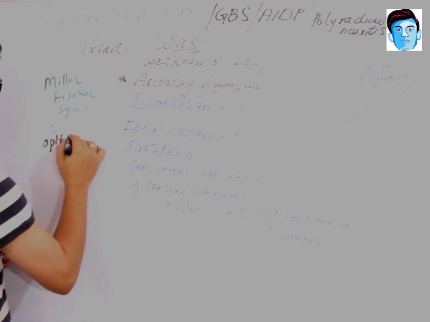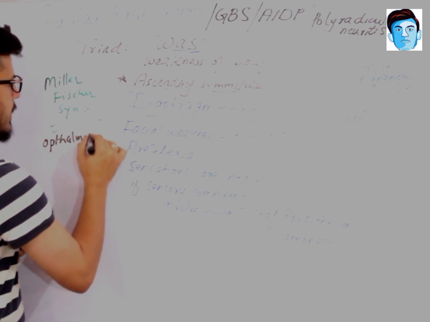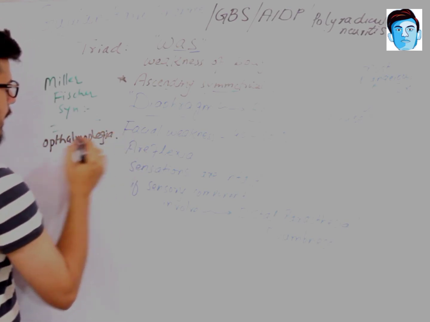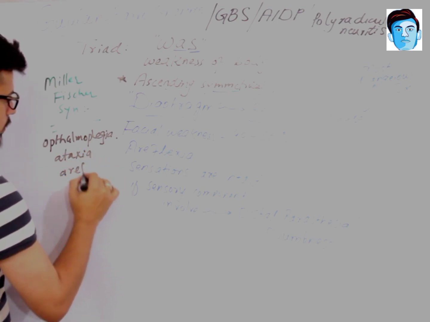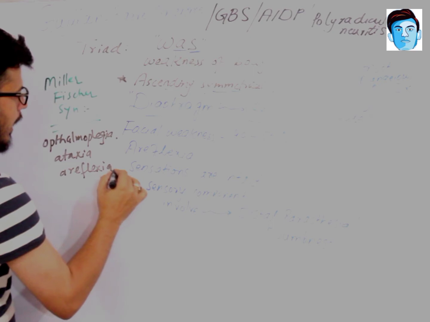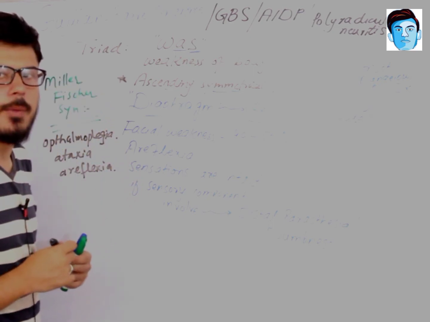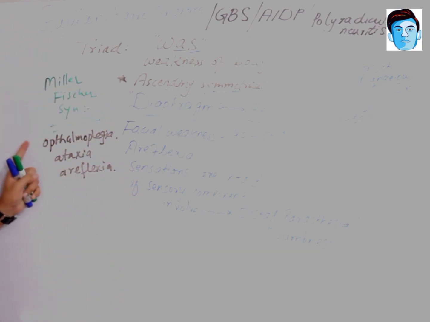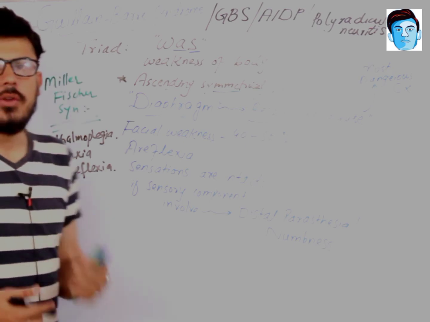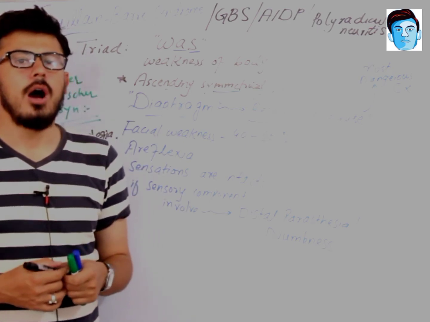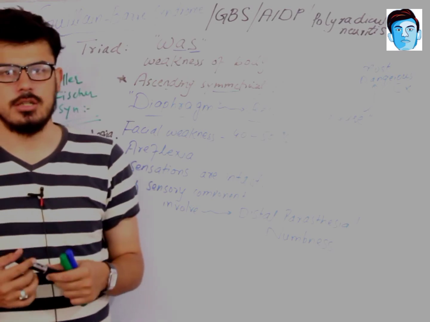Ophthalmoplegia means paralysis of the eye muscles. There is also ataxia and areflexia. So this is the most important triad of Miller-Fisher syndrome: ophthalmoplegia, areflexia, and ataxia. So now let's talk about how you will be able to diagnose GBS.